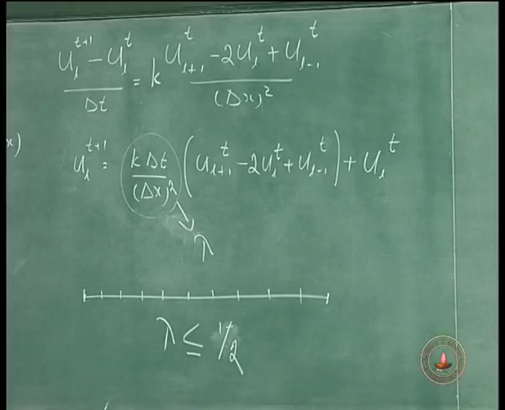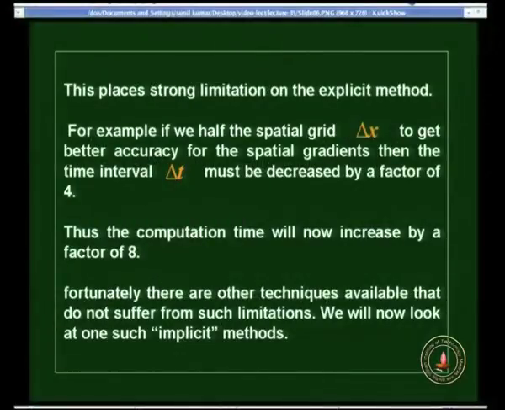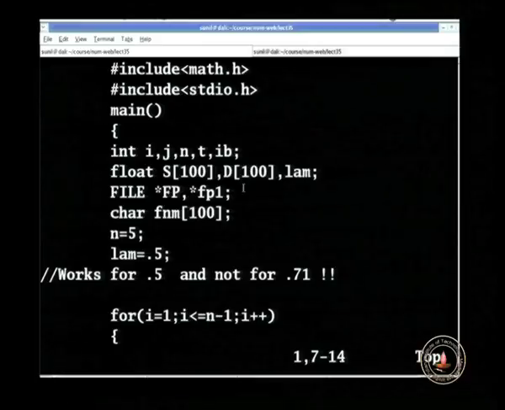That means we will increase our computational expenditure by 8 times. So this is one of the drawbacks of this particular explicit method. Okay, we will see this method implemented in a program before we go and see a little more accurate method, which are the implicit methods.